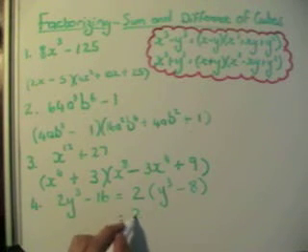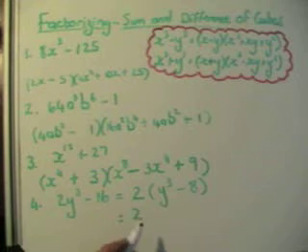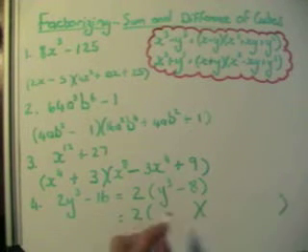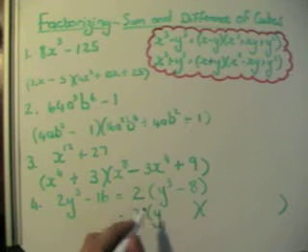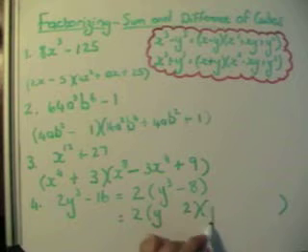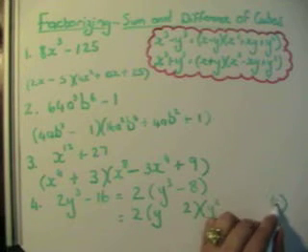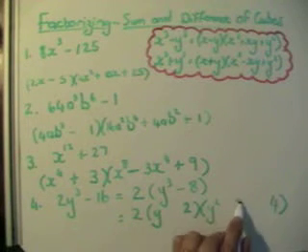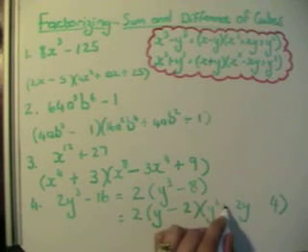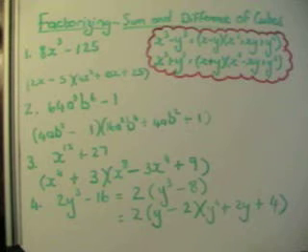I just keep the 2 there, don't throw it away, and then I factorize this into the cube root of y cubed is y, the cube root of 8 is 2, y squared and 2 squared comes in there, and 2 times y is 2y, and then this is a minus, so that is a plus, and this is always a plus.